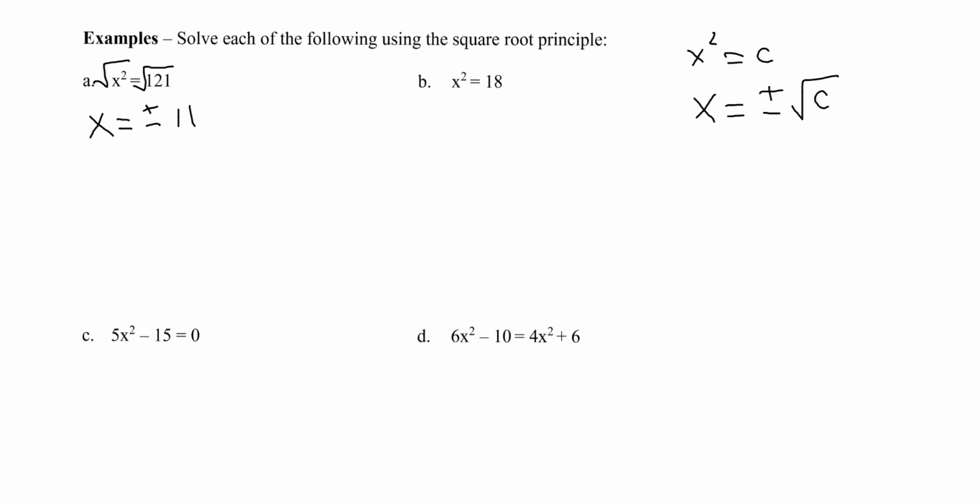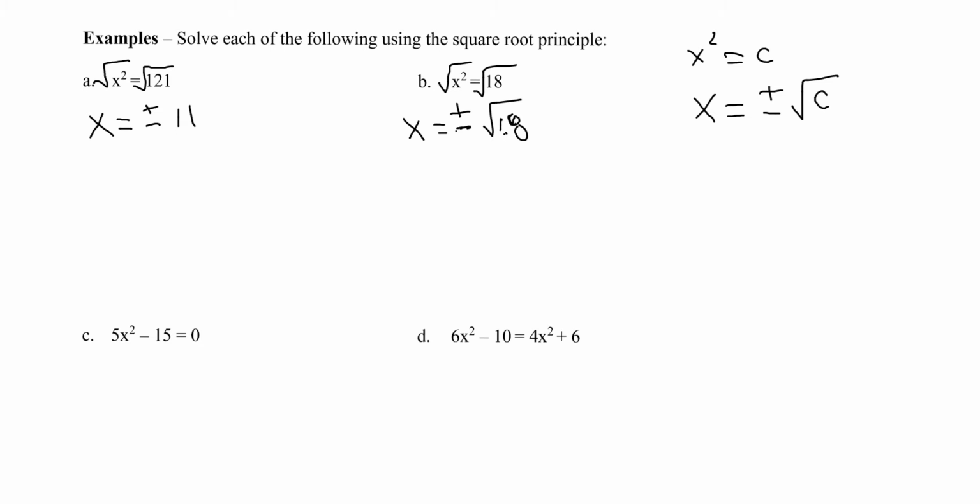B, again, we're going to take the square root of both sides using our square root principle. And I'm going to get x is equal to the positive and negative square root of 18. But I can simplify my 18.